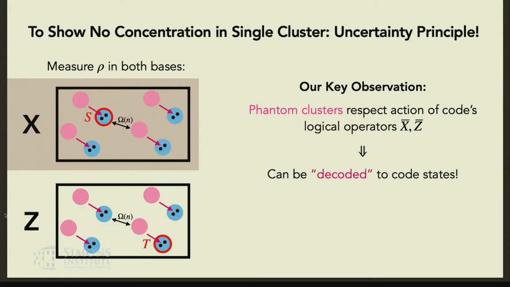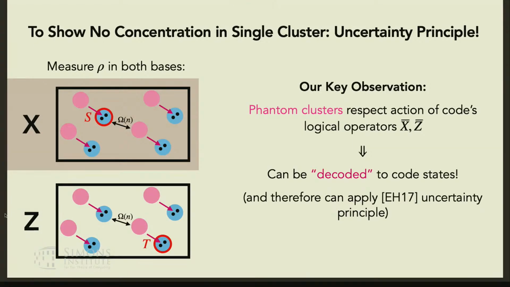But what this means is that we can fudge a decoding algorithm where we start with some arbitrary phantom cluster, decode it to some arbitrary true code state, and then extend this process by linearity to all the phantom clusters. For each one, we decode it to some arbitrary true code state. It's not going to be nearby, so it's not decoding in the standard sense, but nevertheless it's a well-defined map where we just need to do some syndrome measurements, and then we can perform this decoding.